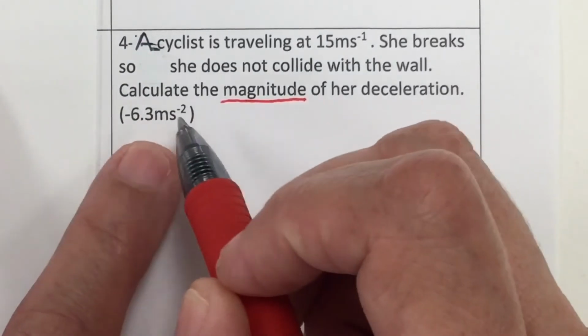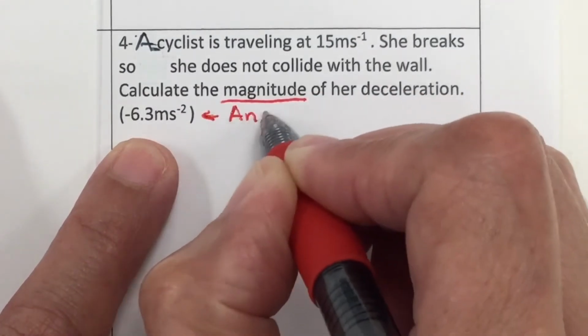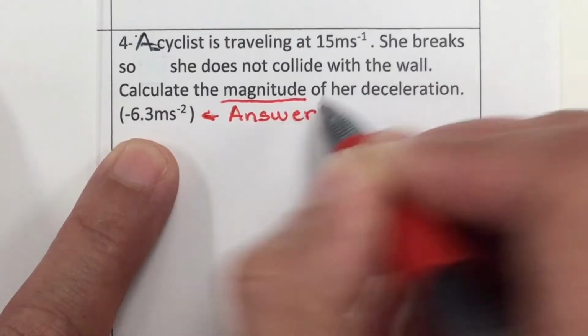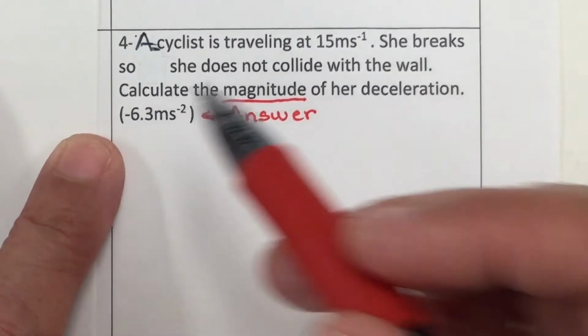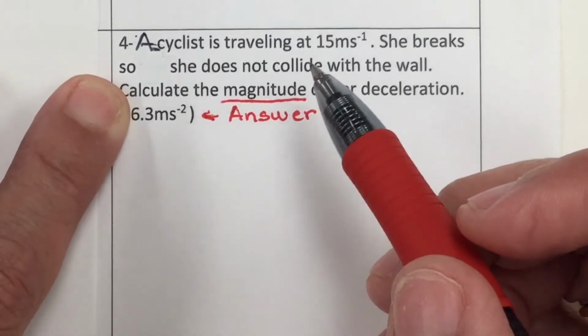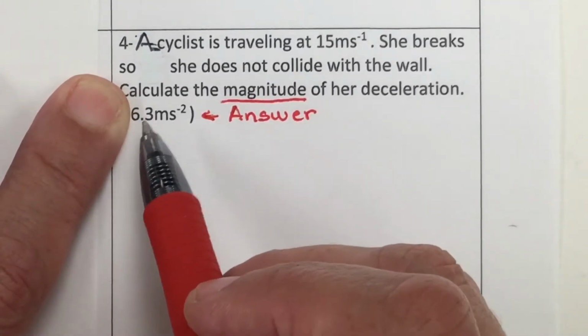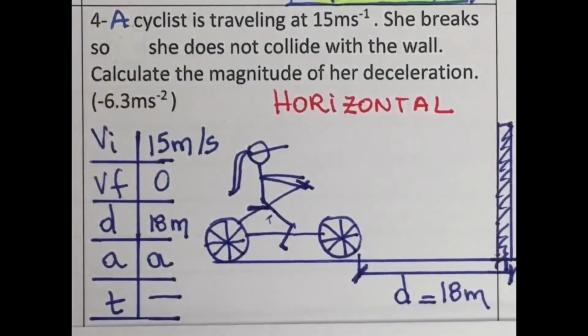But here I wrote a negative sign in the answer because the calculation is going to lead to a negative value. But it's asking just the magnitude, so we can eliminate this negative sign and say just 6.3 meters per second squared.